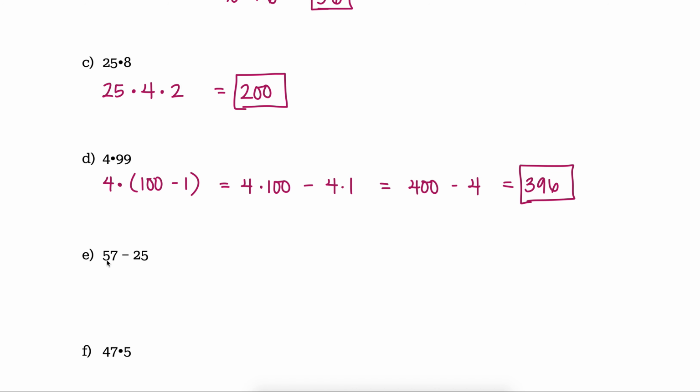So I've got 50 minus 20, that's 30. 7 minus 5, 2. So our answer here is 32. We will come back to this idea in a minute. A lot of times it can be useful to work in the reverse order of how we're taught. We're taught to work from right to left. Sometimes it's easier to work the opposite way, like we did right there.